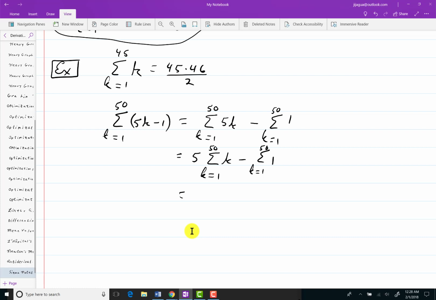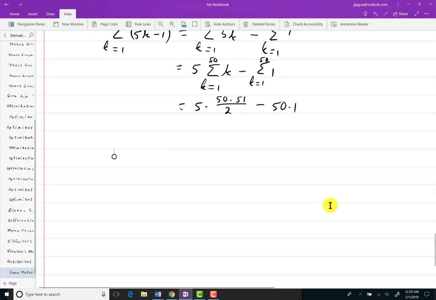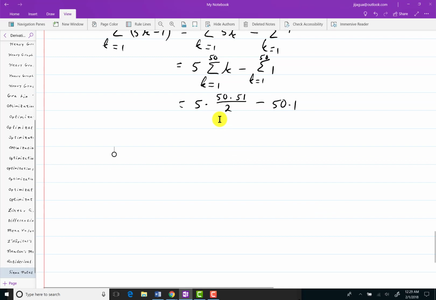So according to my formulas then, the formula for k, we have 5 times 50 times 51 over 2 minus, and then this 1 is the c, so I'll have 50 times 1. And once again, I'll let you go ahead and come up with these values.